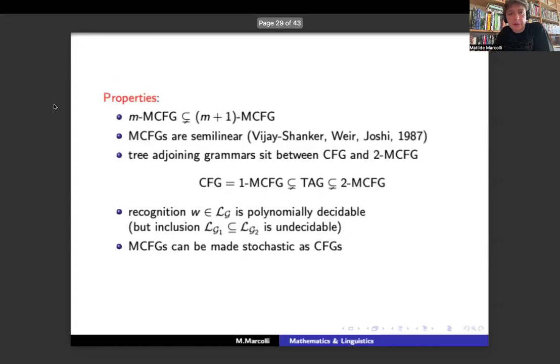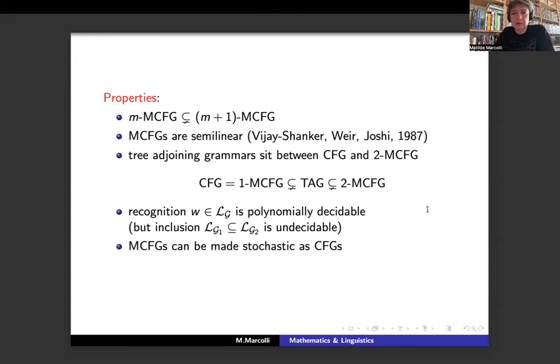And this class has the advantage of including the context-free, but being strictly larger than the context-free, including the tree adjoining grammars in some form, between the one and the two multiple context-free grammars.